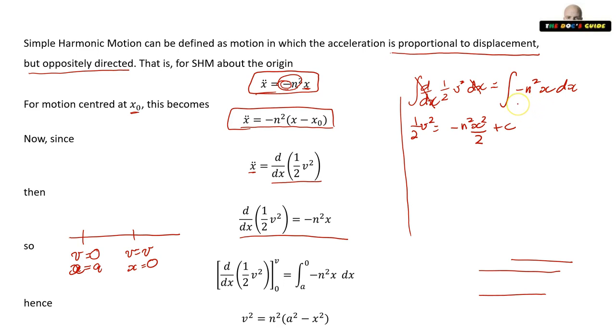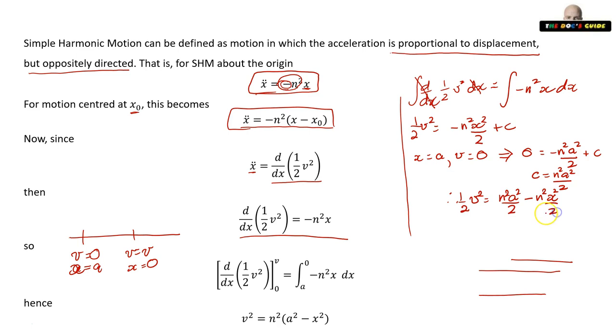So if we take one situation, which is when x equals a, v equals 0, then that will give us 0 equals minus n squared a squared on 2 plus c, so c is n squared a squared on 2. So from that we get that a half v squared equals n squared a squared on 2 minus n squared x squared on 2.